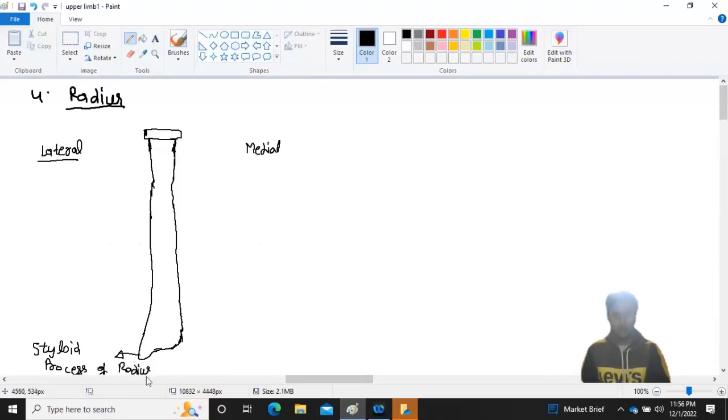Then, here there is a neck also present. It is like this. First, this is the disc. This is the neck.